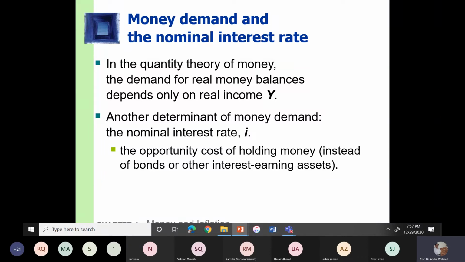So if I am holding, suppose, 1 lakh rupees cash, and the interest rate is 10%, then the opportunity cost of holding that 1 lakh rupees cash is the 10% interest which is foregone on bonds or interest-bearing assets. I can convert my 1 lakh rupees cash into bonds or any other interest-bearing assets, and then I can get a return.